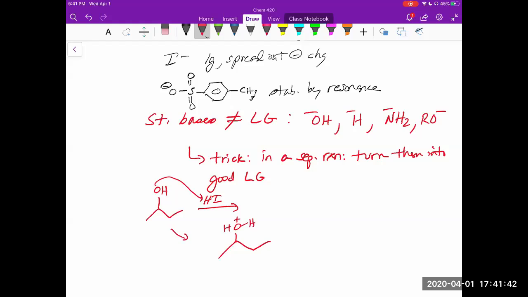And so now it's OH2+, and when it leaves, it is water. As a leaving group, it's water. That's a good leaving group because it's a weak base. And then I- is then able to come and kick it out. So there are tricks that can be employed. You can get a bad leaving group to leave, just not directly. You've got to do a little something first to it.